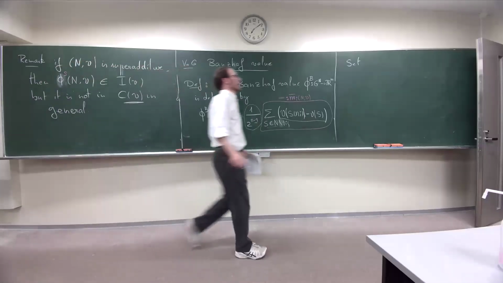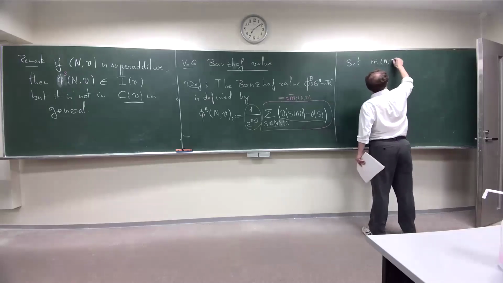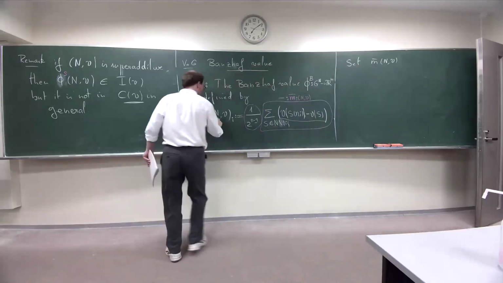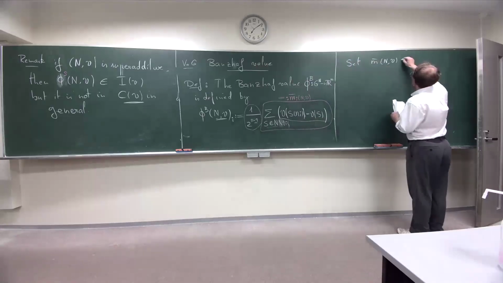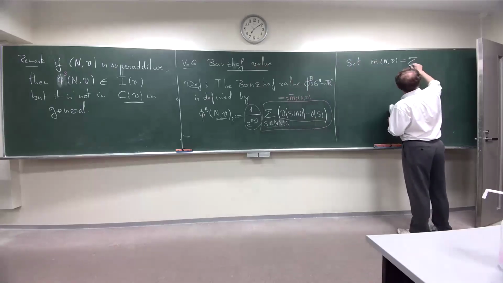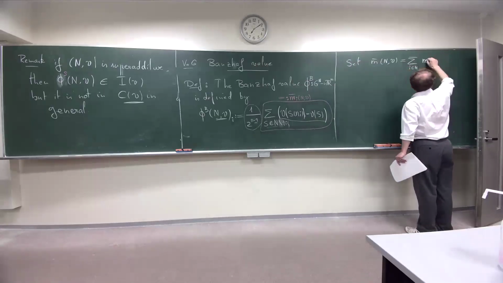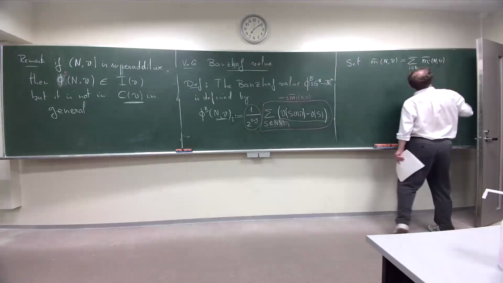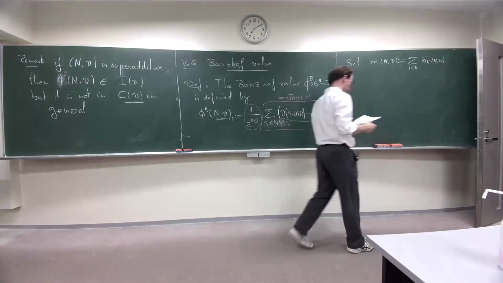And I will set m bar of NV. Why NV? Because it's always based on one game, so it's for each game. M bar of NV is now the sum over all players of what I have just defined, m bar i. I just defined these two things.